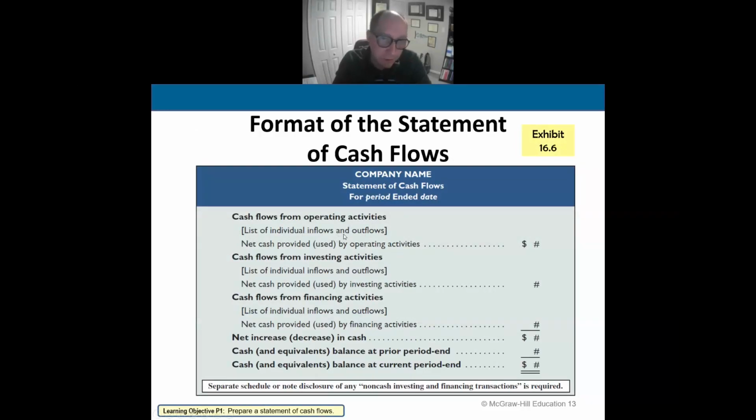What does the statement of cash flows look like? It always looks like this. It's always the same format. You have cash flow from operating activities, cash coming in minus cash going out equals net cash flow. So here's how it works. Cash comes in from our customers, from the sales.